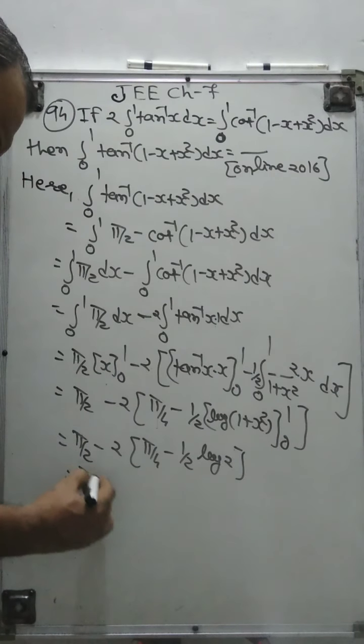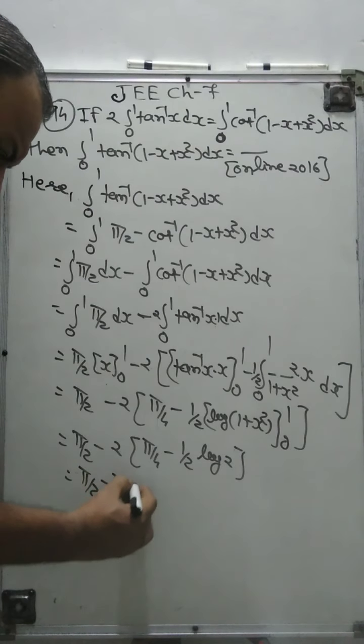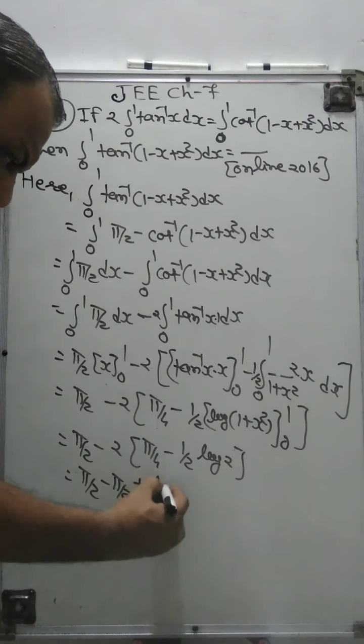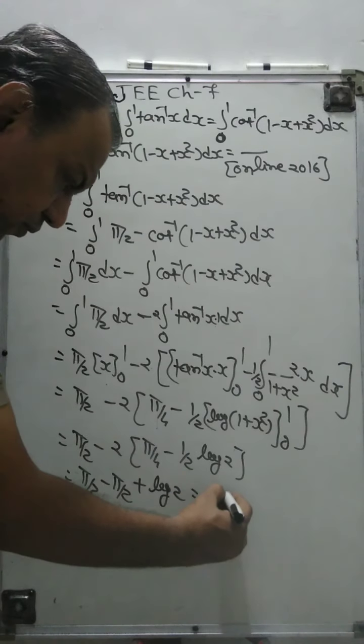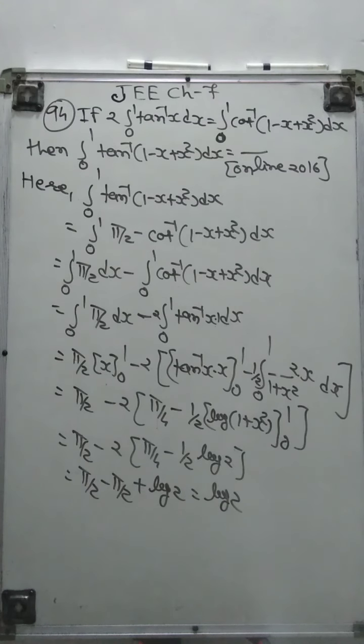So pi by 2 minus pi by 2 plus log 2. It is log 2. So our answer is log 2, right? So this way we can obtain this answer. So this sum is not quite hard, but here some simplification is required. So be careful for this type of sum, right? Then we go for the next.